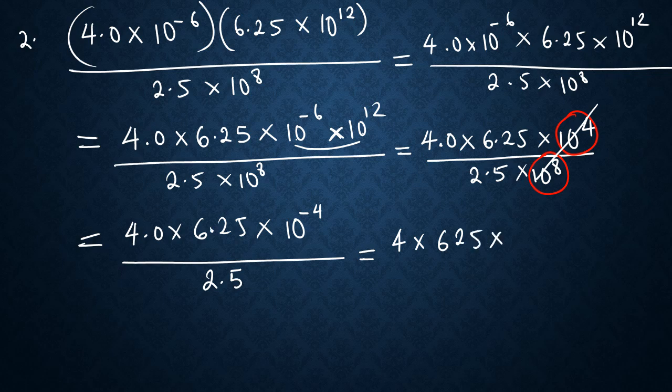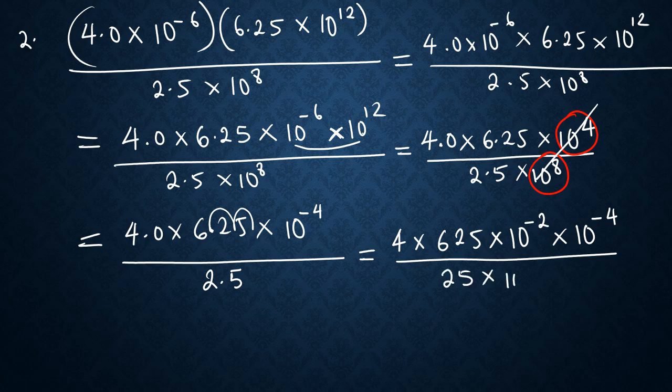I'm moving the decimal twice to the right, so it'll be times 10 to the negative 2 because I'm increasing the number from 6.25 to 625. So I would now multiply by 10 to the negative 2, times 10 to the negative 4. And I'm going to divide that by, I will also increase 2.5 to be 25 times 10 to the negative 1. Good, so it's coming together.